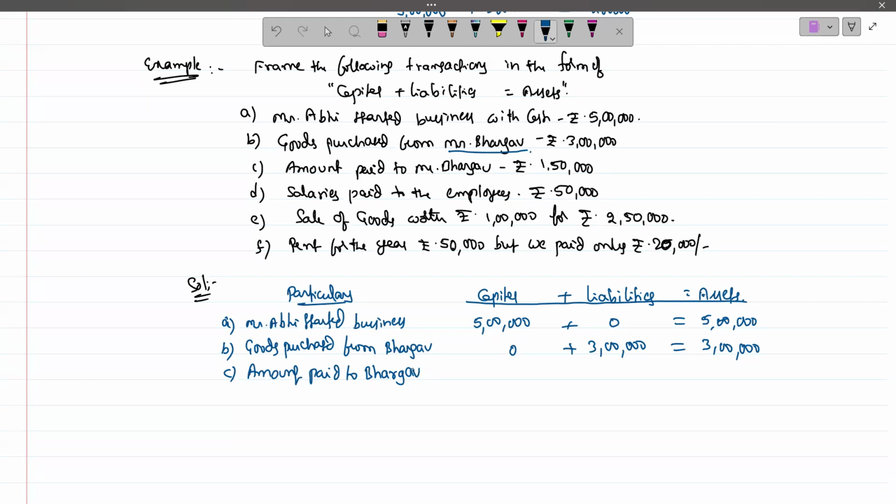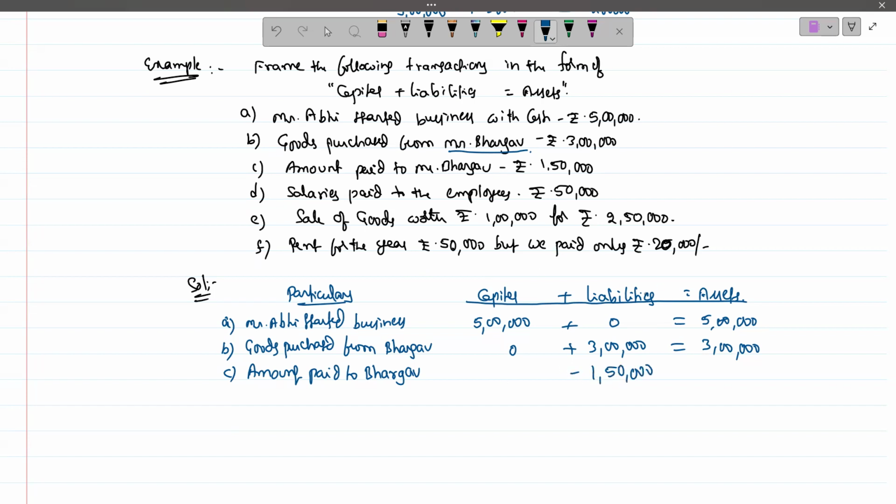So as we pay the amount to Bhargav, and because previously we purchased goods from Mr. Bhargav worth rupees 3 lakhs, the amount payable to that party is reduced to the extent of the amount paid. How much did we pay? 1,50,000.